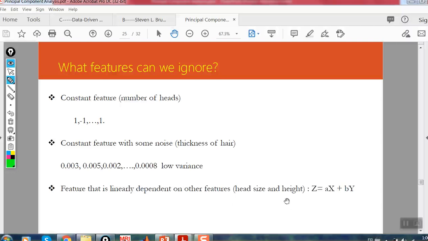And the thickness of hair is a constant feature with some noise. Then we can remove these. And if we have some constant features, for example, in this example, the number of heads, of course, it is not important.